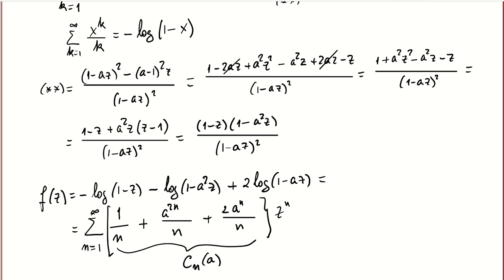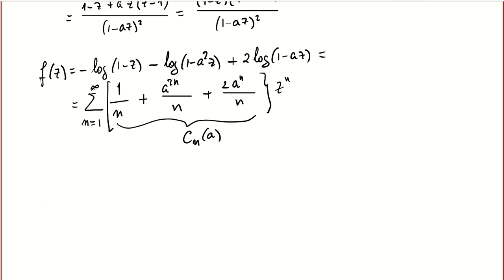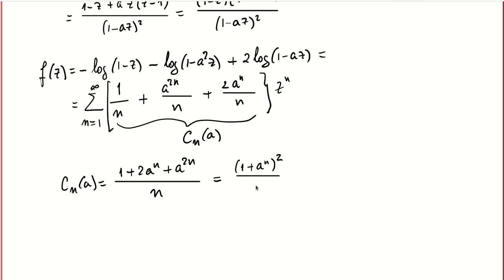It's exactly the sum that we were looking for. As a matter of fact, you can simplify it even more, because this is equal to 1 plus 2 a to the n plus a squared to the n, over n, and this is a perfect square, 1 plus a to the n, squared, over n.